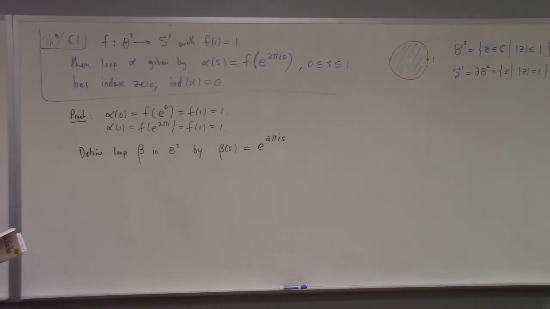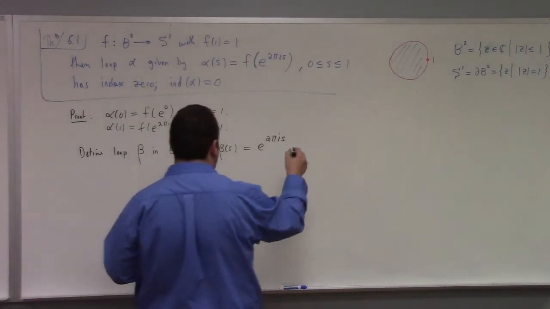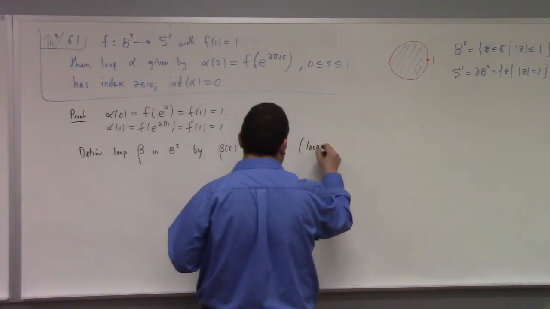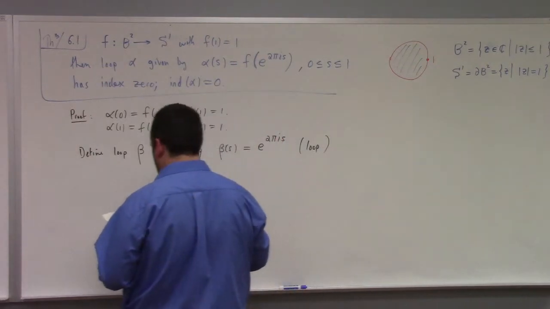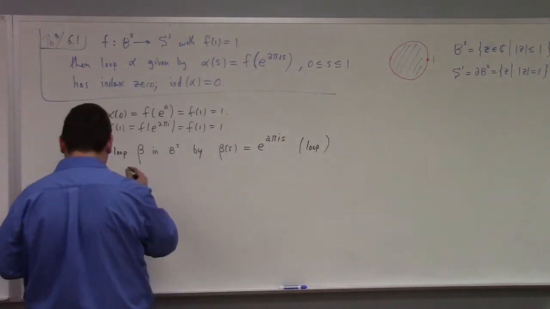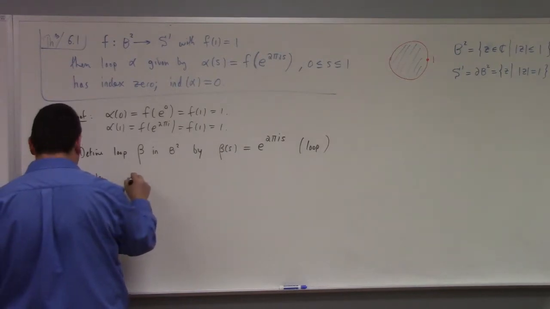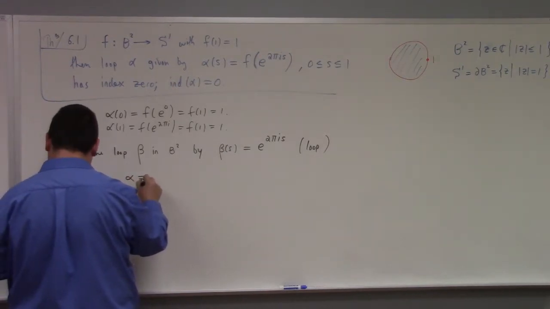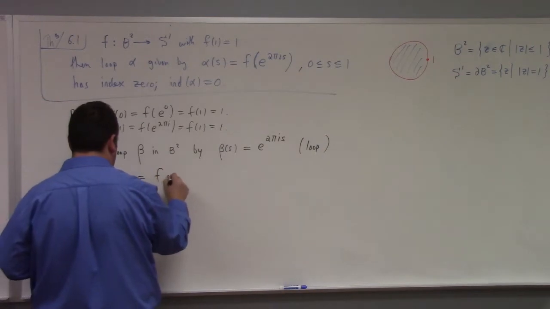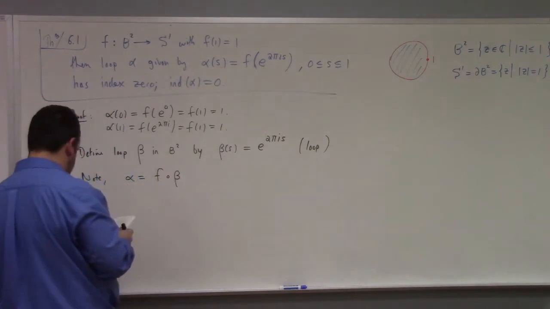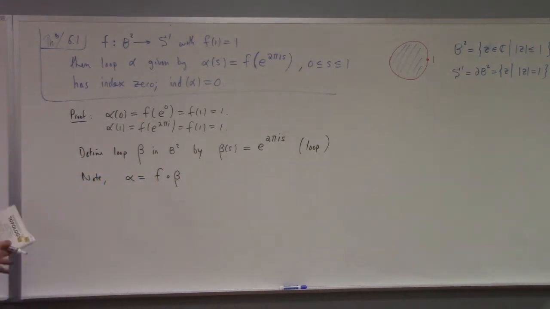And how do alpha and beta relate? Note alpha is equal to F composed with beta. Is that right?